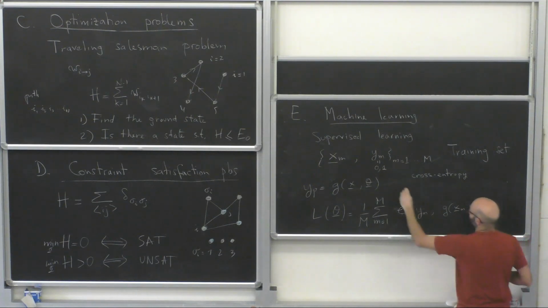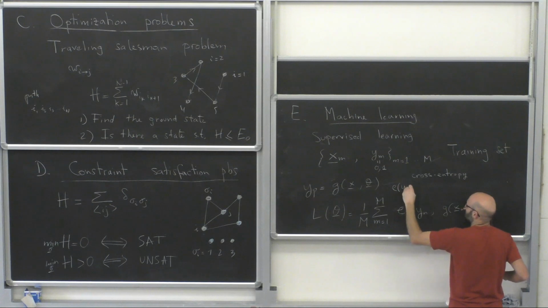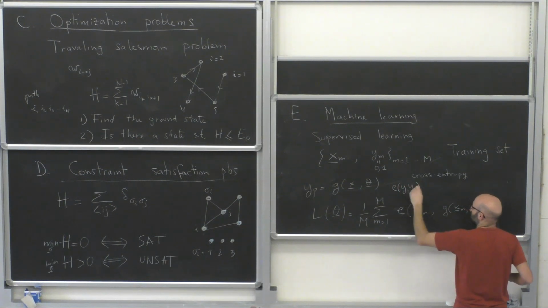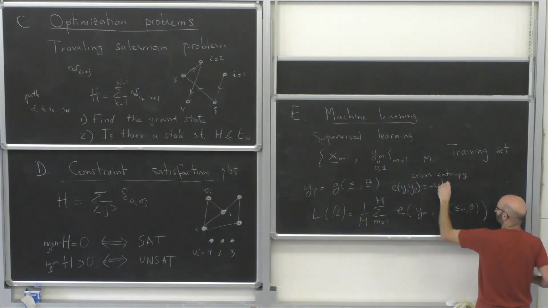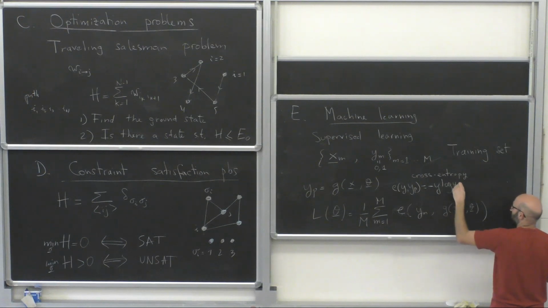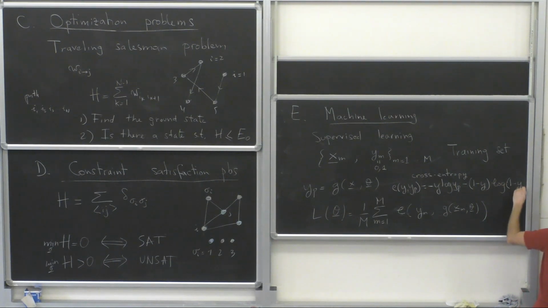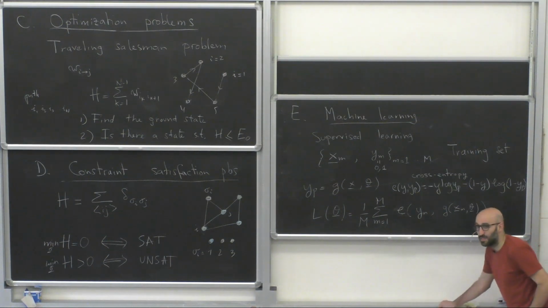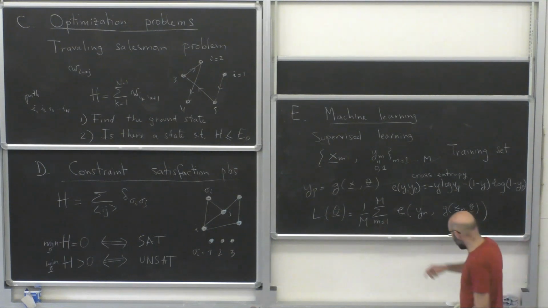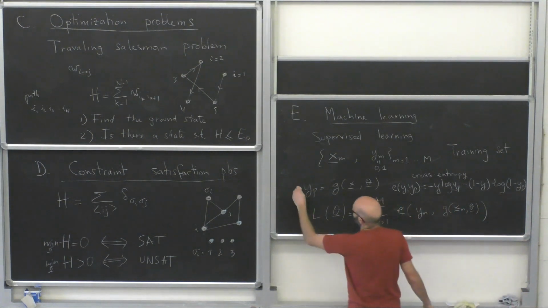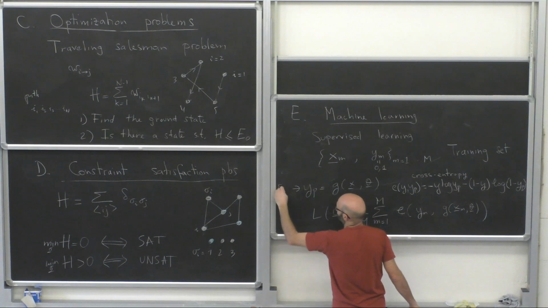I'll try to make it a bit bigger. So this is minus y log y_p minus 1 minus y log. Yes, so this is a number in 0, 1. This is just an example.